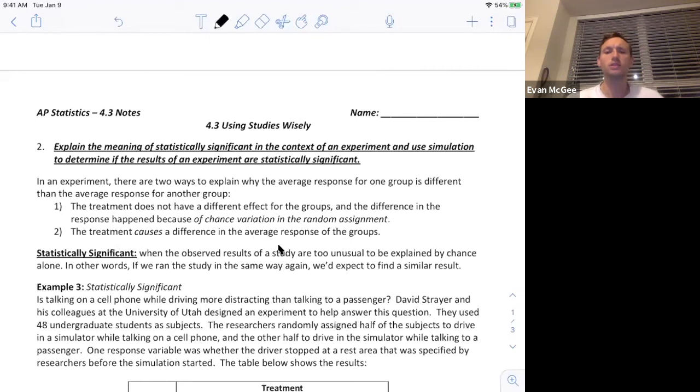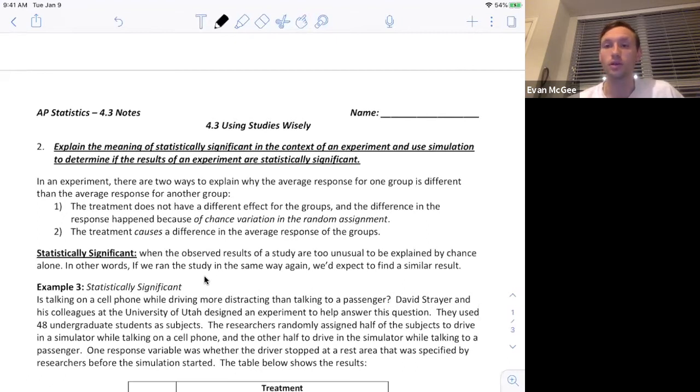Statistically significant means that the observed results of a study are too unusual to be explained by chance alone. In other words, if we ran the study again in the same way, we would expect the results to be similar to how they were the first time. One way I like to think about it is if I flip a coin 100 times and I end up getting 60 heads, that doesn't seem too unusual to happen by chance alone.